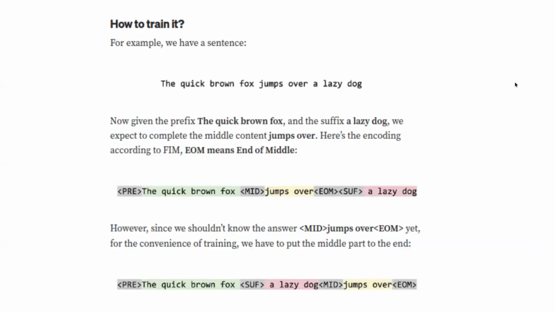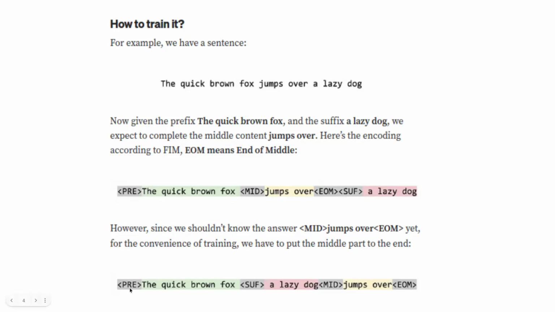The way this paper proposes to do this is, if you have a sentence like the quick brown fox jumps over a lazy dog, you take out a chunk in the middle, and you want a model that will correctly predict the missing words, jumps over. To train this, they split every sample into a prefix section, a middle section, and a suffix section.